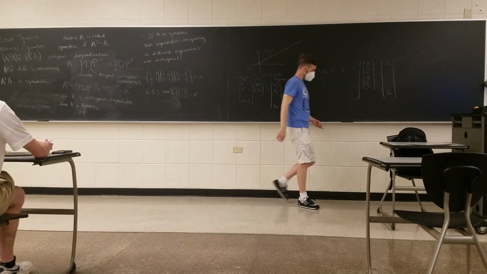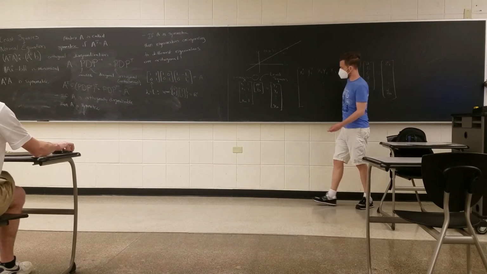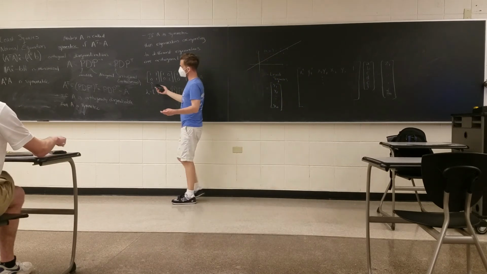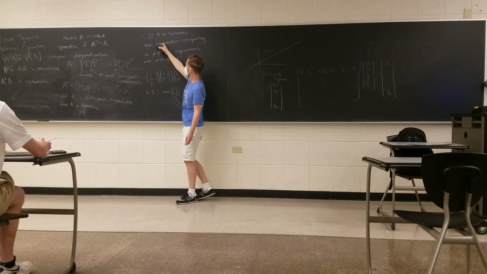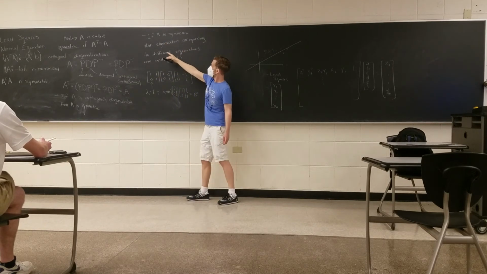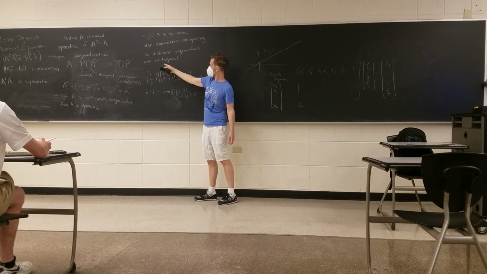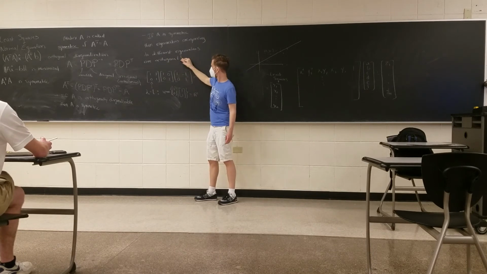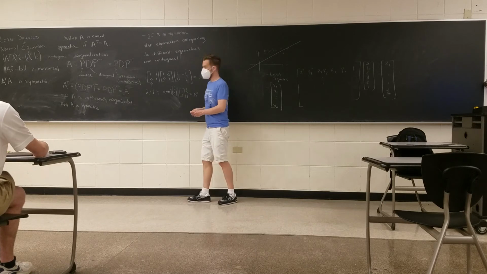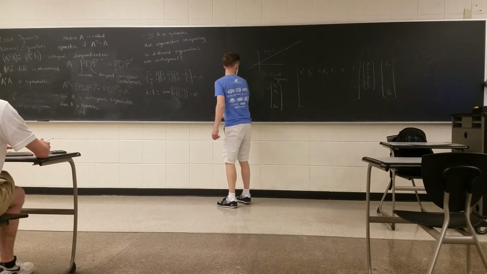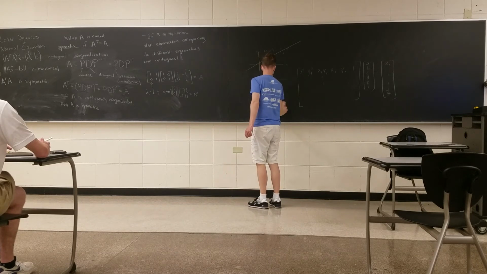So in that case, it's totally fine to just take the vectors and orthogonalize them. But what if they come from different eigenspaces? That's what this says: if A is symmetric, then the eigenvectors from different eigenspaces, corresponding to different eigenvalues, are orthogonal. That's why I put an exclamation mark after this. That's exciting. So why is this true?